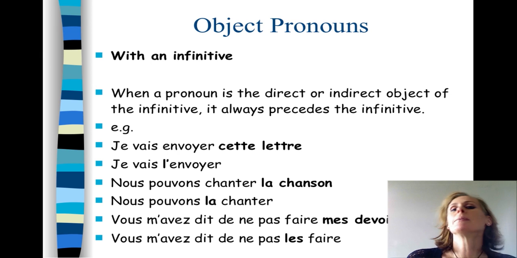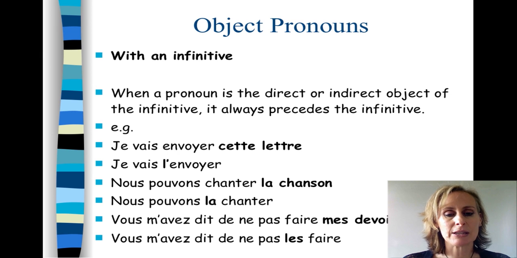Again, this is a little trickier because we have a negative as well as the infinitive. And of course, you remember that when you have a negative, a ne and a pas, normally a negative sandwiches the verb, doesn't it? The ne and the pas are like the pieces of bread and the verb is the meat in the middle of the sandwich.